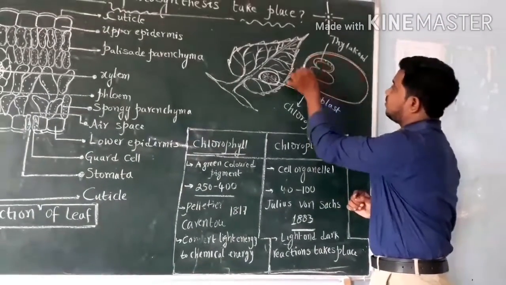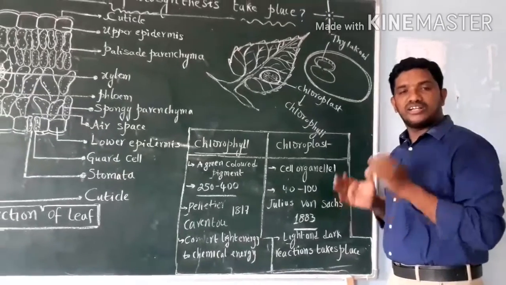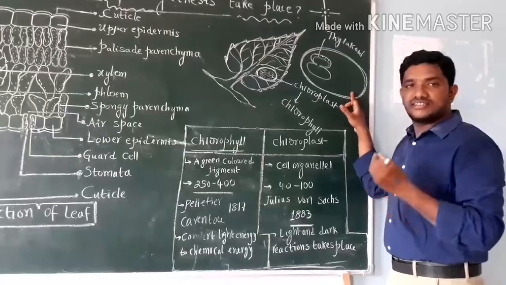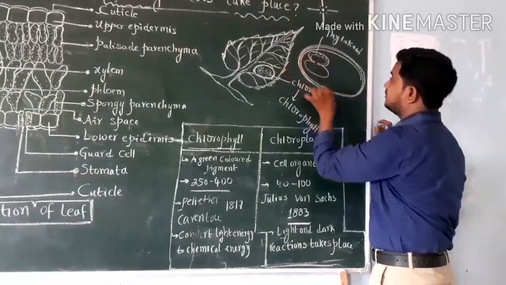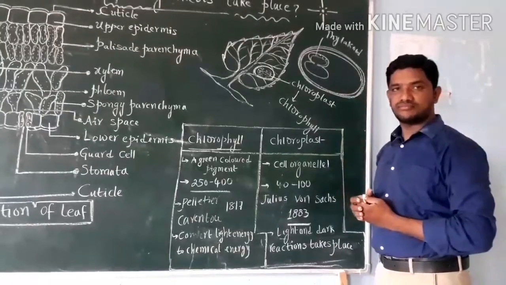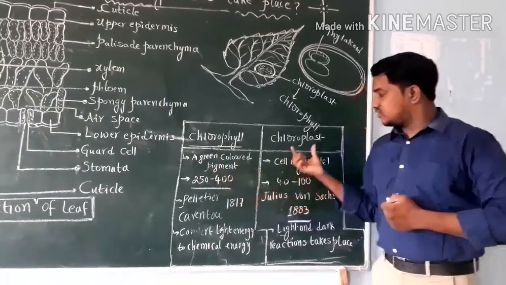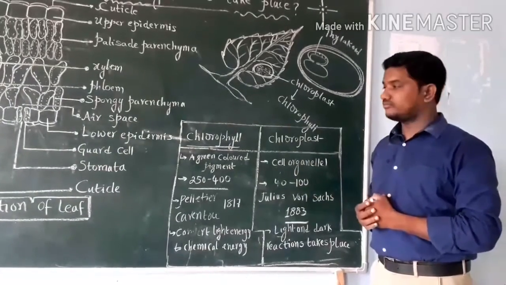See, this is the cell organelle, the chloroplast. An oval or disc-shaped cell organelle is called a chloroplast. It has a double membrane layer. Chlorophyll is a green colored pigment. Chloroplast is a cell organelle.